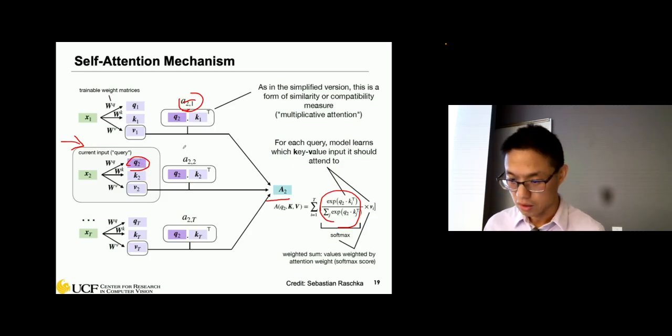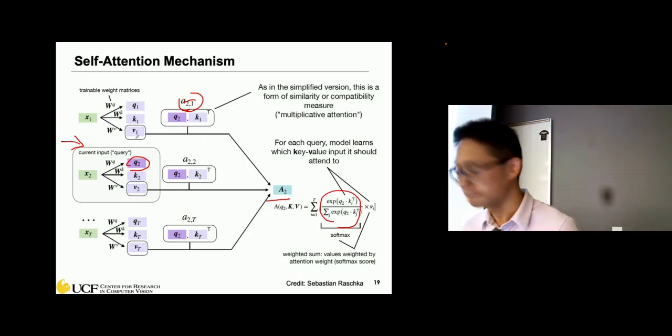Then you have Q3 with K1, Q3 with K2, Q3 with KT. You use that to get the attention scores, and then use those to multiply with these value vectors, okay?